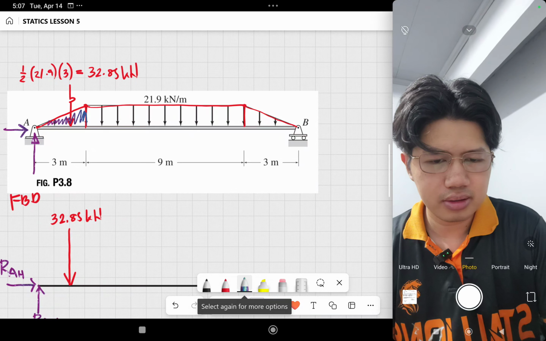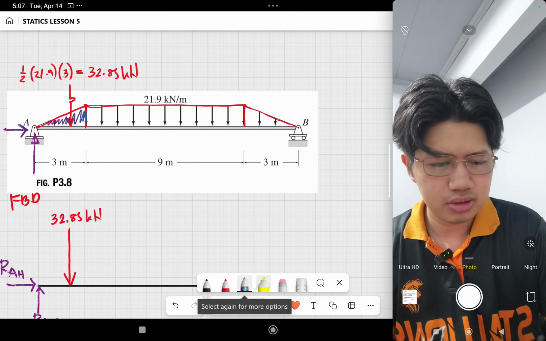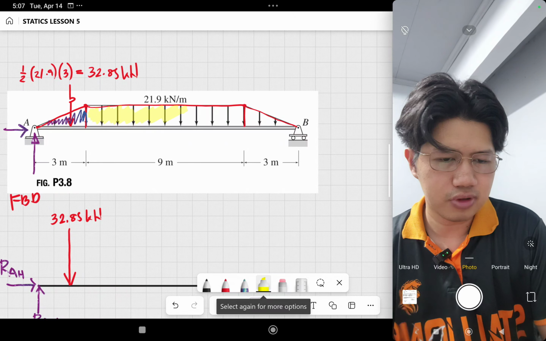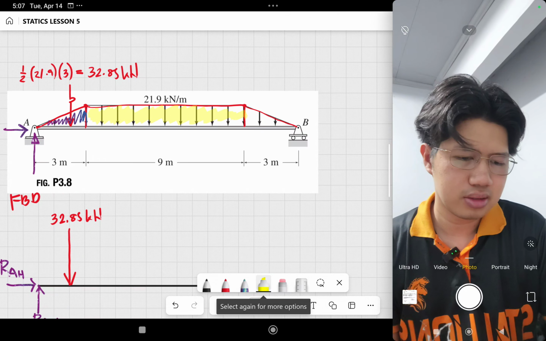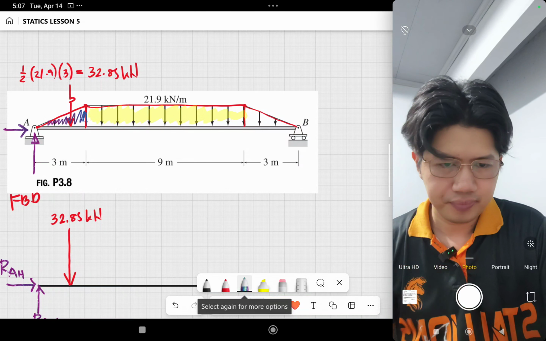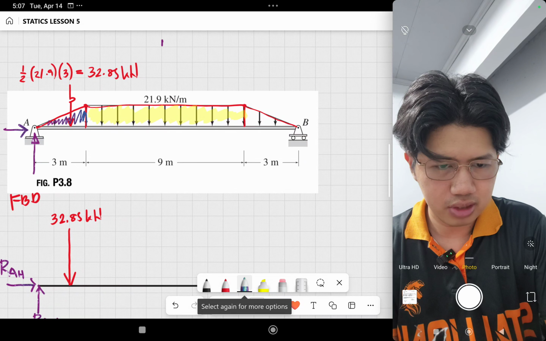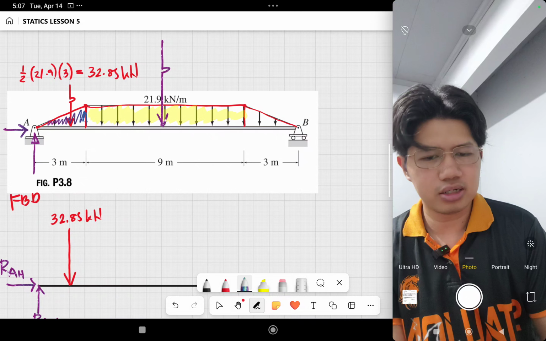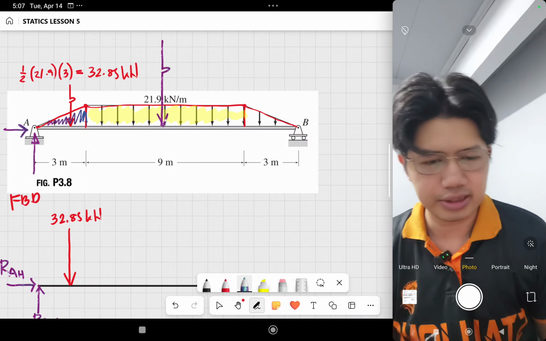And then another one is meron tayong uniformly distributed. So kunin natin yung area nun, and alam natin nasa gitna yun ng distribution. So nasa gitna ng 9.